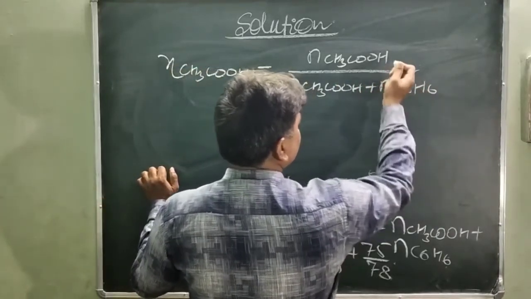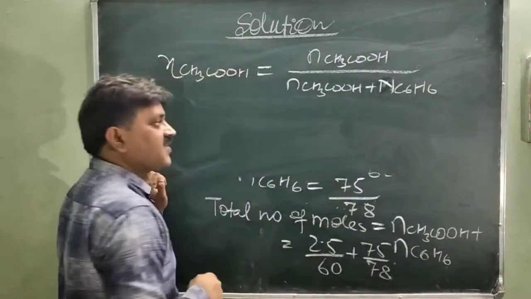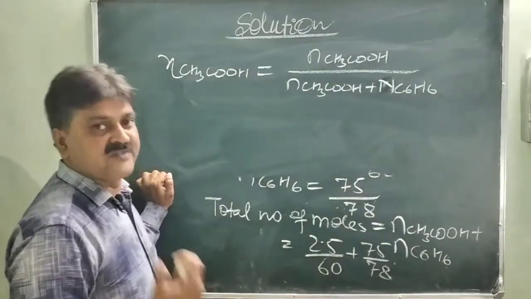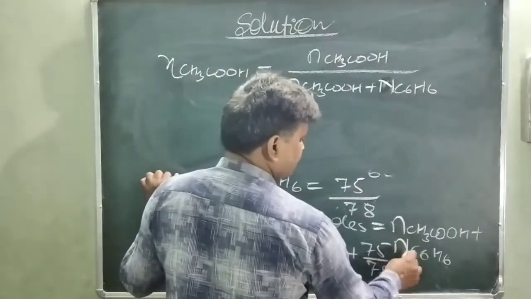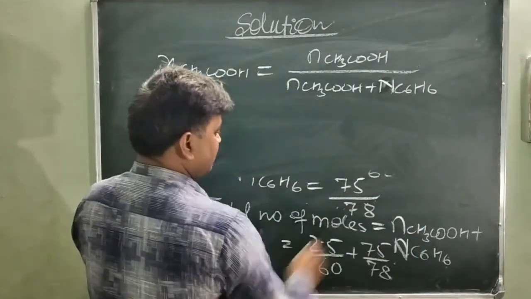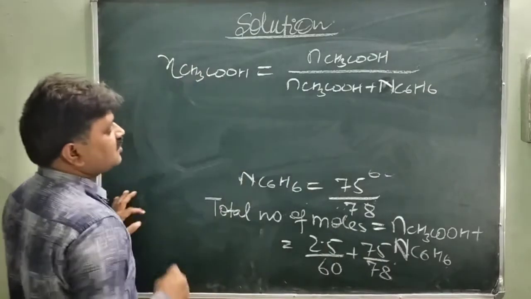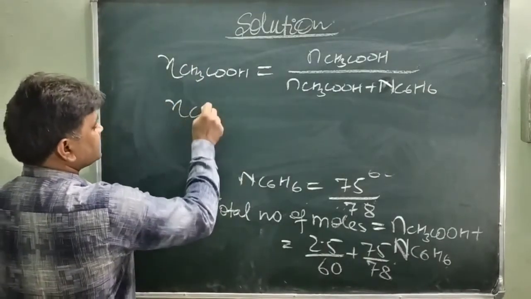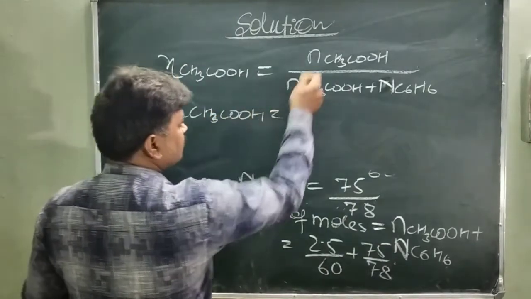You can write capital N for the number of moles of solvent, so it should be identified; it is convenient for differentiating between solute and solvent. So small n is the solute and capital N is the solvent. The total number of moles is this. Now you can put the values: X of CH3COOH is equal to n.